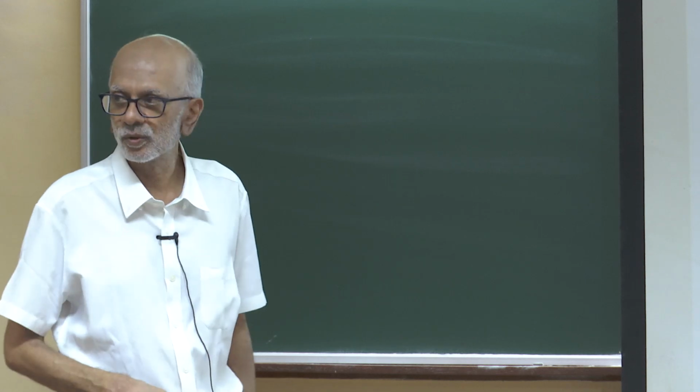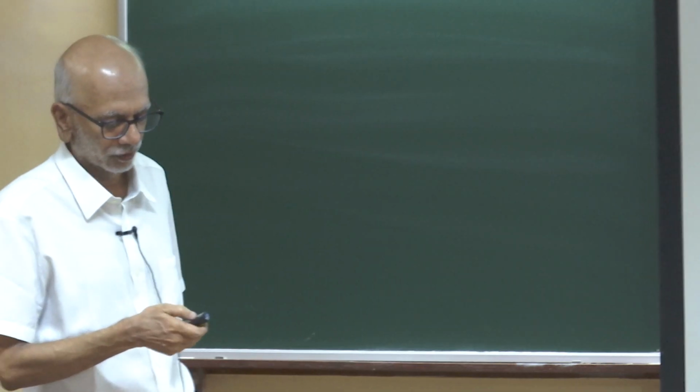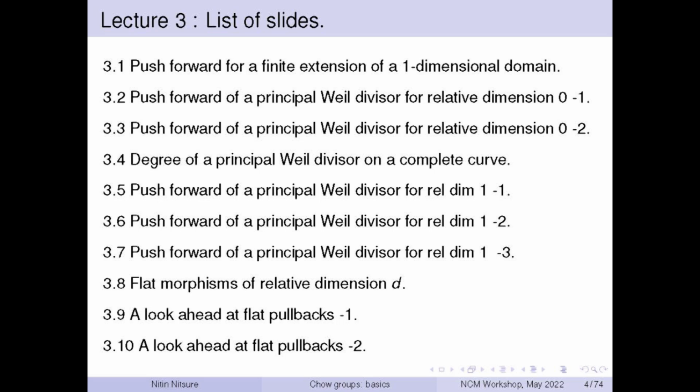So these are today's slides. We are going to first talk of different cases of this push forward, because when I have a variety V and a rational function on it and I am taking the push forward, what if the variety goes down to something very tiny? Then the codimension 1 in it will also go down to something very tiny, and then the direct image is 0 as a cycle.